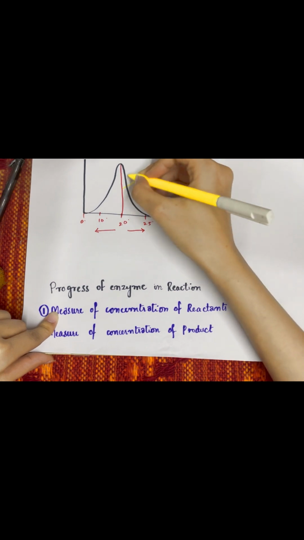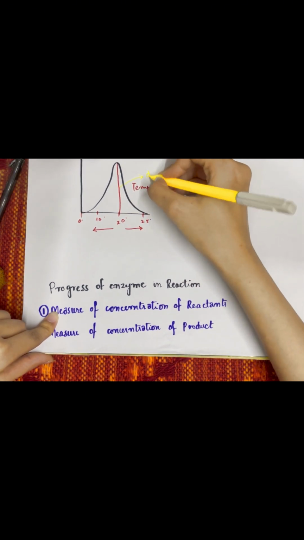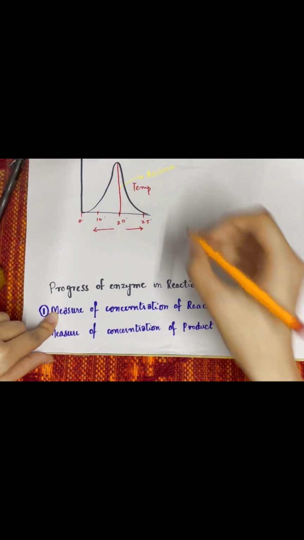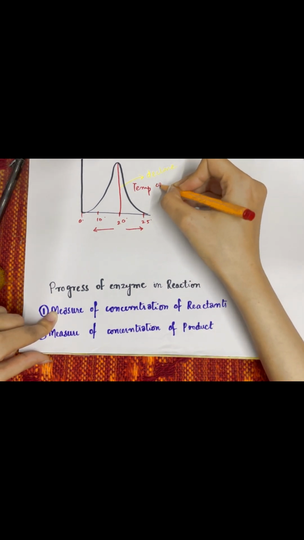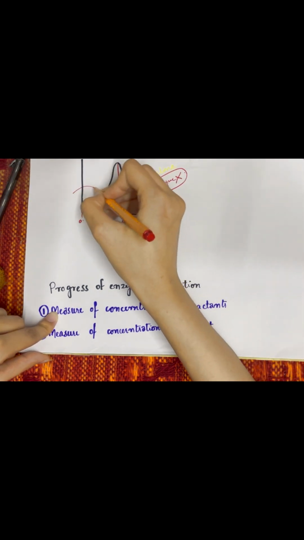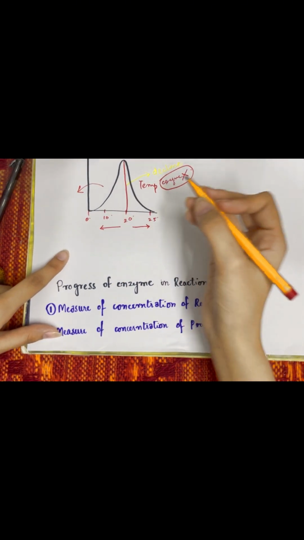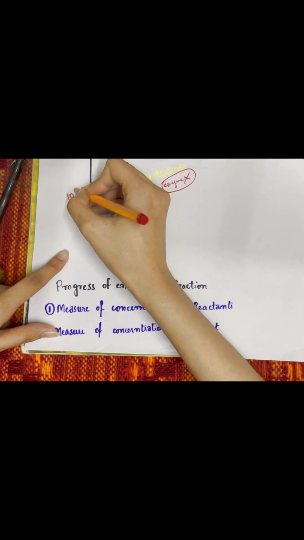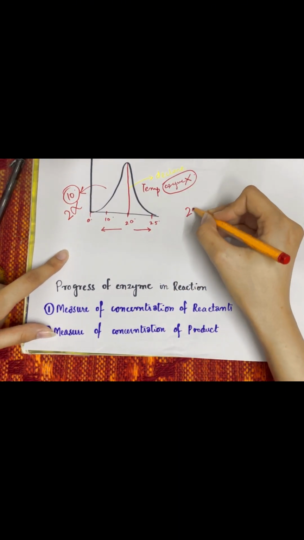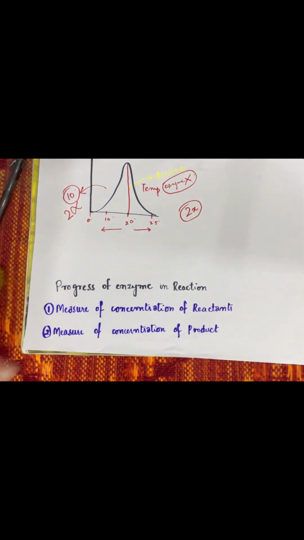The temperature after 20 degrees shows us the decline in the enzymatic activity, as the enzyme is not working very efficiently. Whereas the increase in the temperature shows us that for every 10-degree rise in the temperature, the enzymatic activity doubles. Doubles means it becomes 2x of its original activity in order to perform very well.